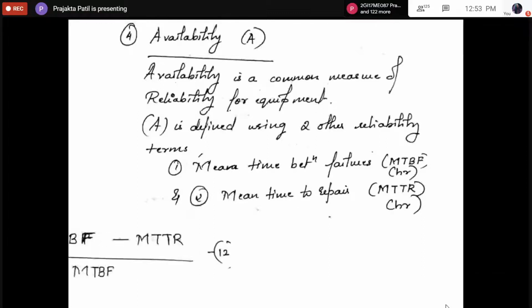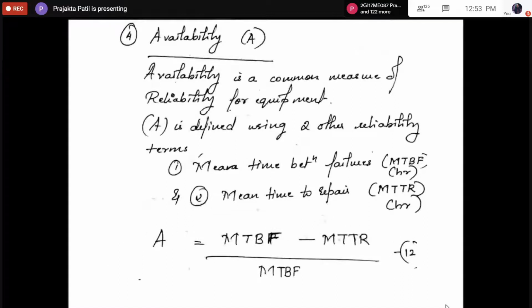This is the equation, please note it down: A is equal to MTBF minus MTTR divided by MTBF. Availability is also expressed in percentage.